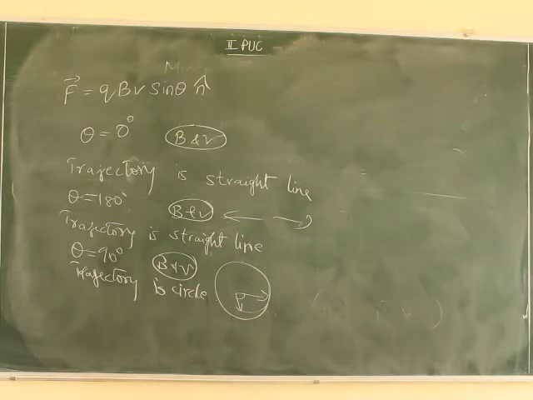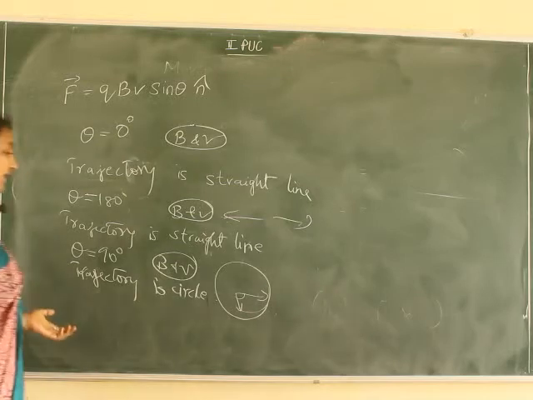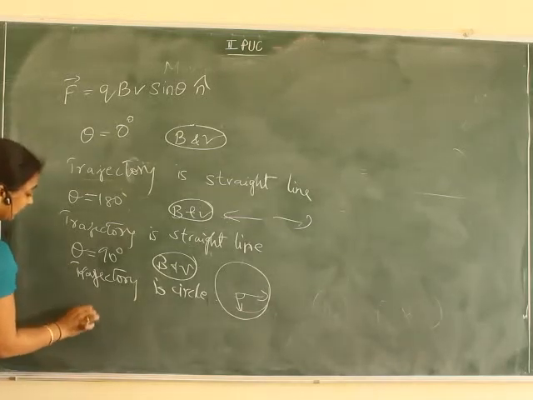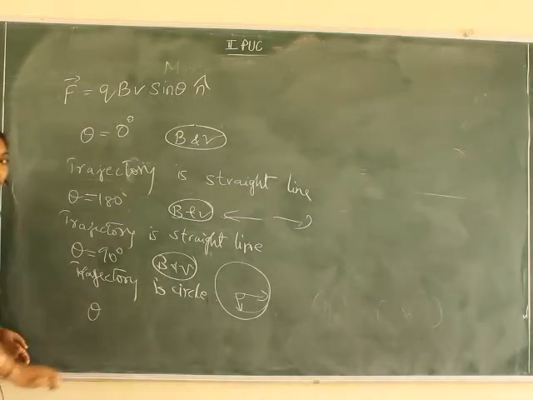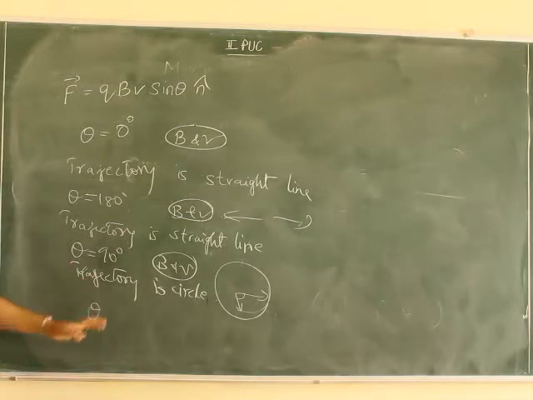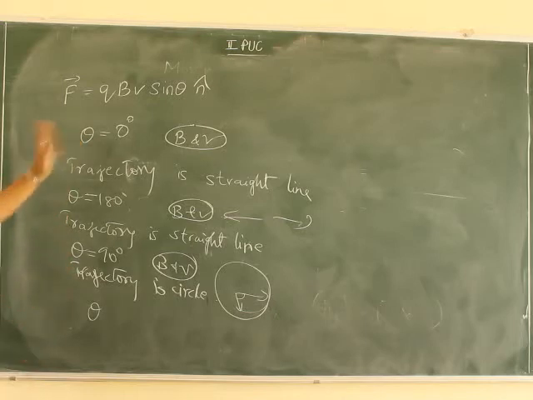Now the trajectory of the charged particle moving in a direction making an angle, if it is neither 90 nor 0.